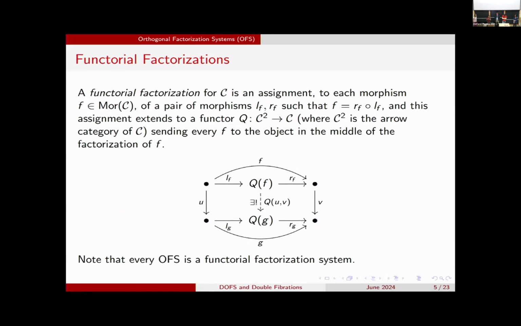And this assignment extends to a functor from the arrow category of C to the category C, which sends every morphism f to the object in the middle of the factorization.